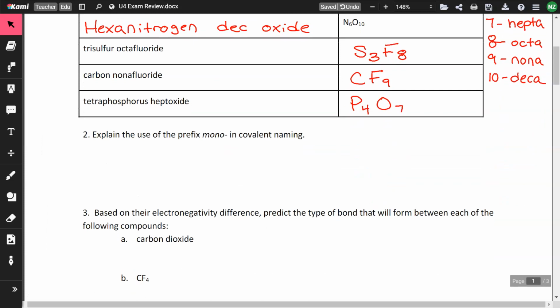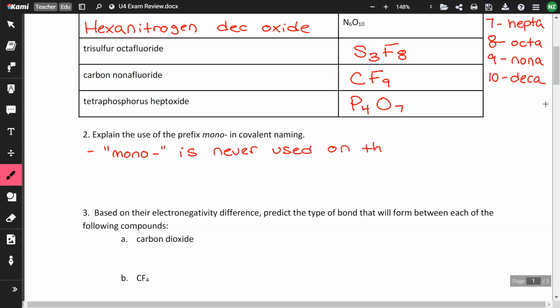Number 2 says, explain the use of the prefix mono in covalent naming. So we kind of already did this. So a couple things. The prefix mono is never used on the first atom. We always use mono on the second if it calls for it.